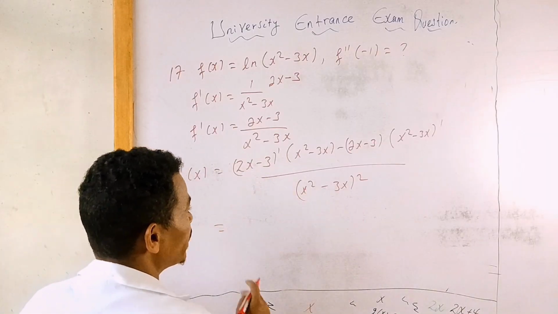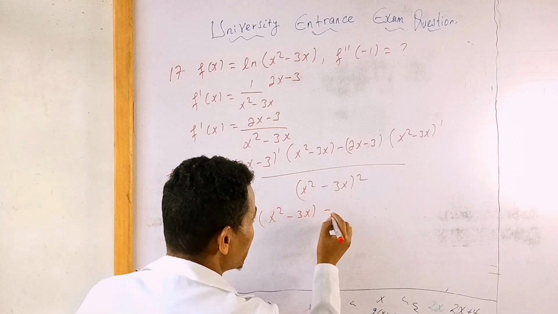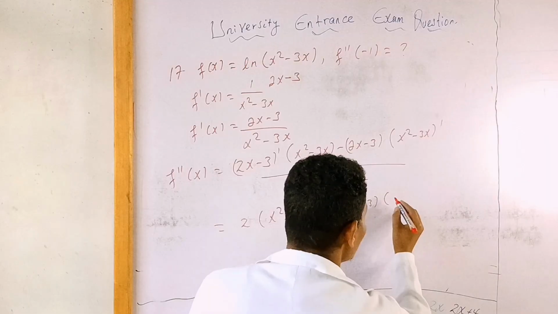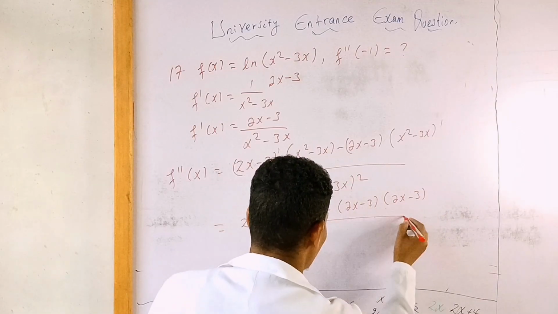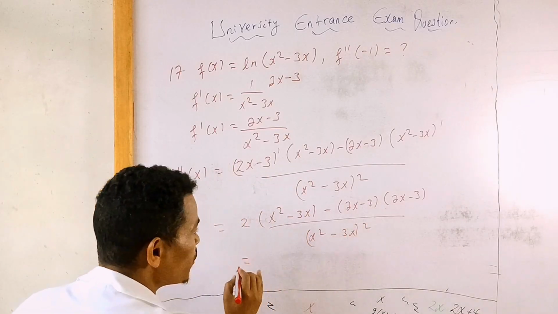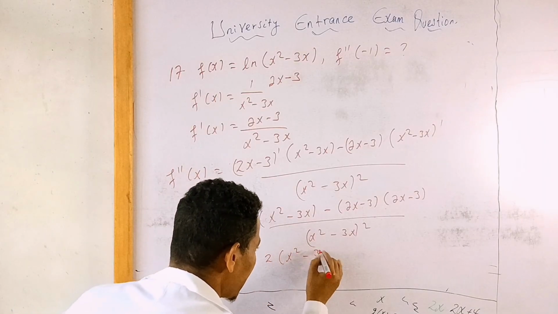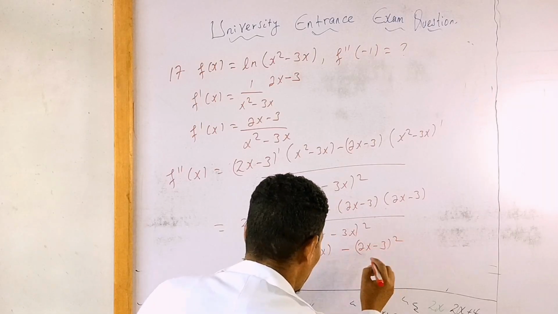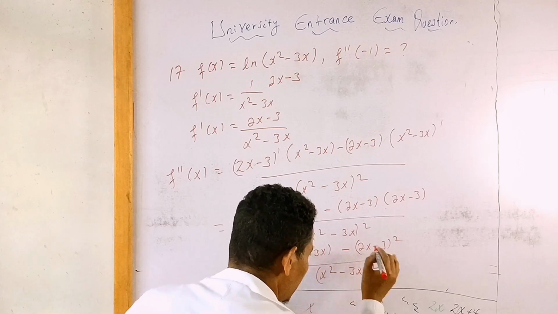This is the same as 2 times x square minus 3x minus 2x minus 3 the whole square, over x square minus 3x the whole square.